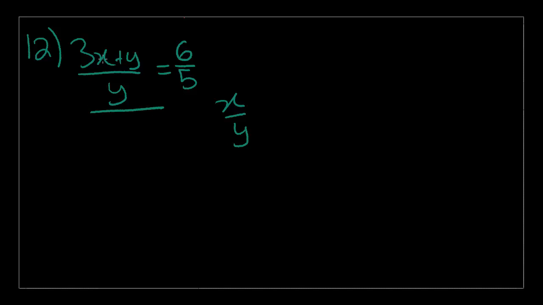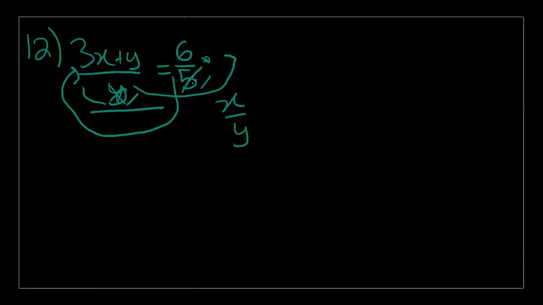So we're going to start solving this equation over here. (3x plus y) divided by y equals 6 over 5. So what we need to do is get rid of the denominators, so we can actually solve it like a proper equation. So we multiply by 5 on this side and on this side, so that cancels out the 5, and we multiply by y on that side and on this side, so it cancels out the y.